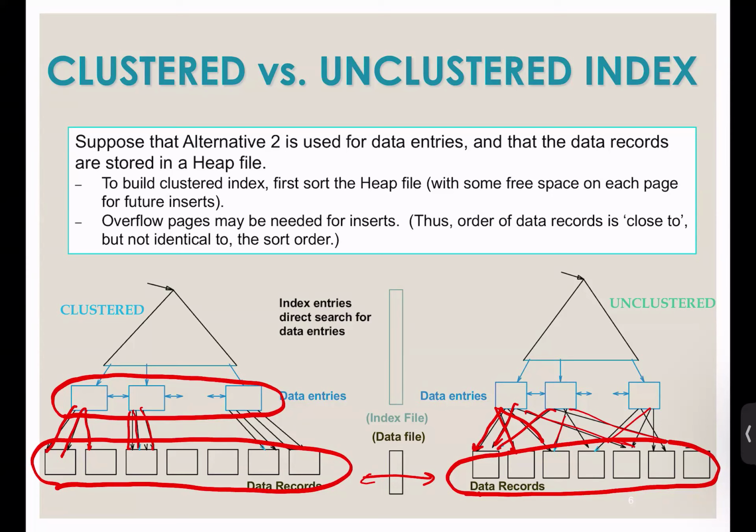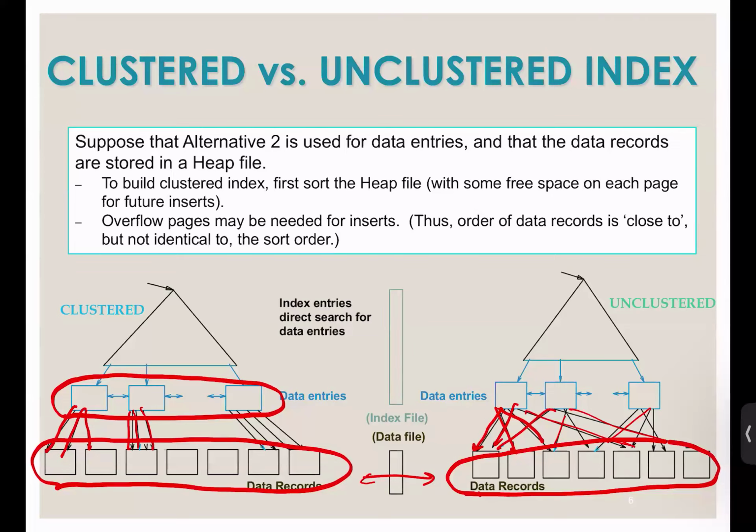So you could imagine that if it's unclustered, and you have to access data pages like go to page 1, page 10, page 2, page 5, page 1 again, things like that, you have to spend a lot of time reading different pages over and over.